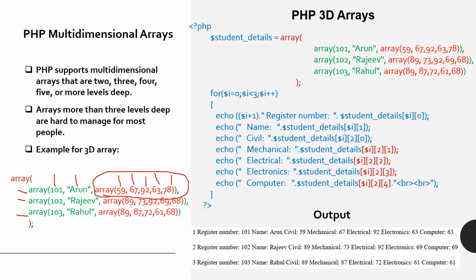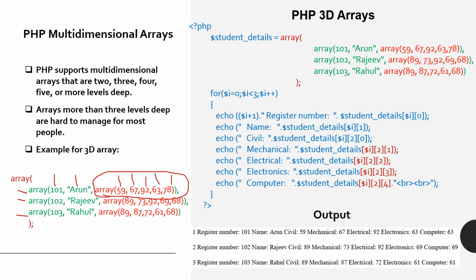Now the question is how to access. This is clear, right? This is the main array. Sub 3 arrays we have. In the first array itself we have another array. Second array also has another array, like that. Now let's see how to access this. Name and all, it is easy.